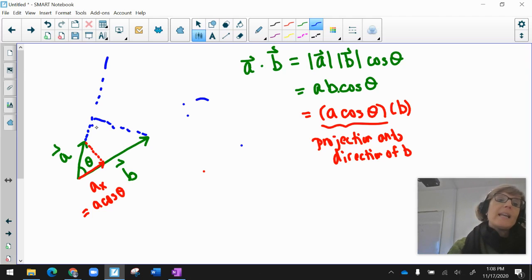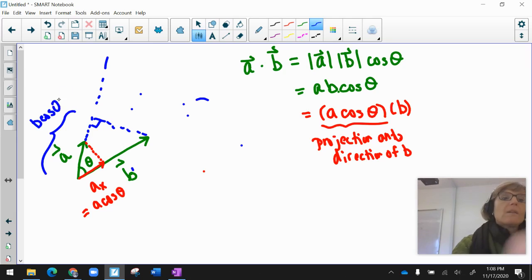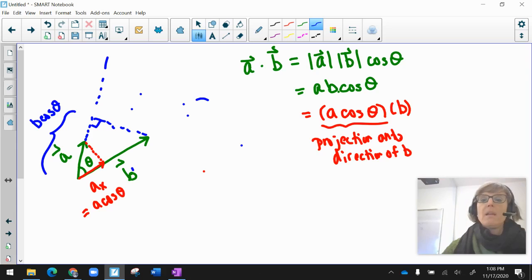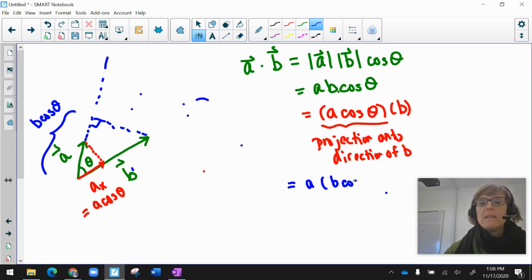So again, I have this right triangle, and this side here would be B cosine theta. So I could also write my dot product as A times B cosine theta.